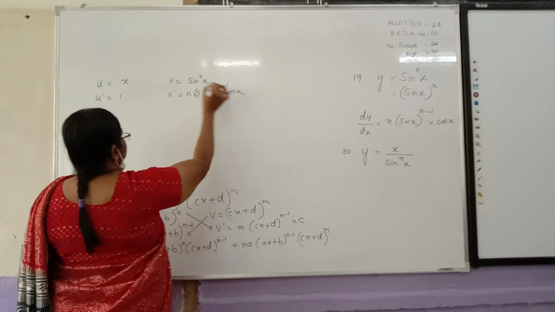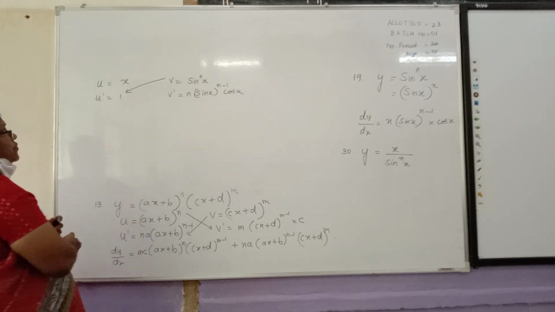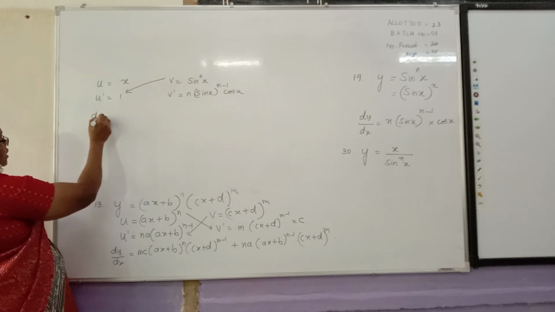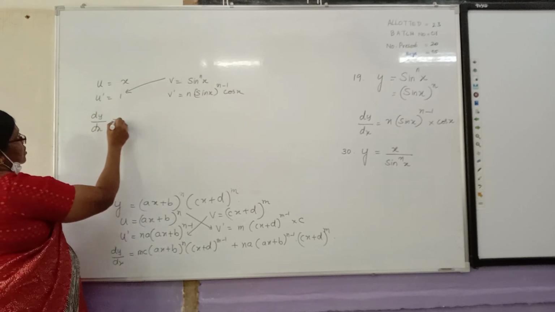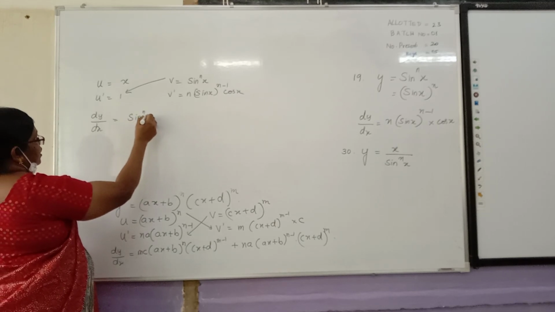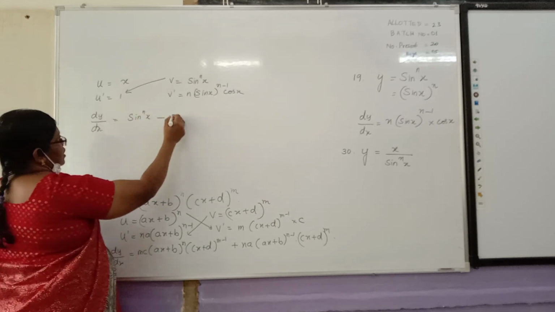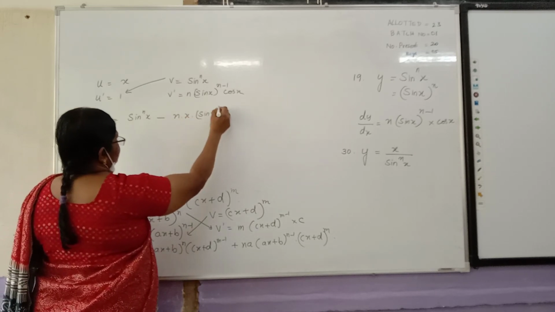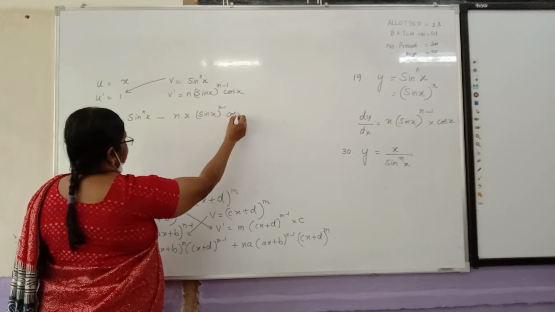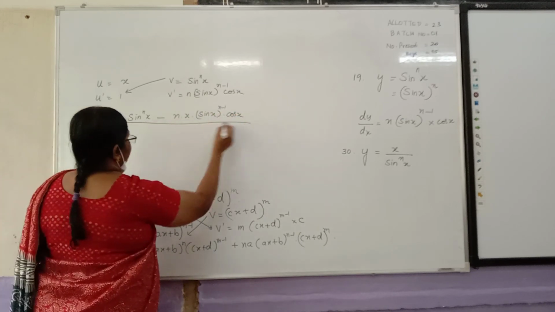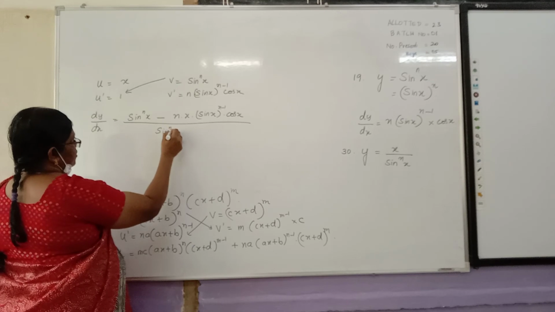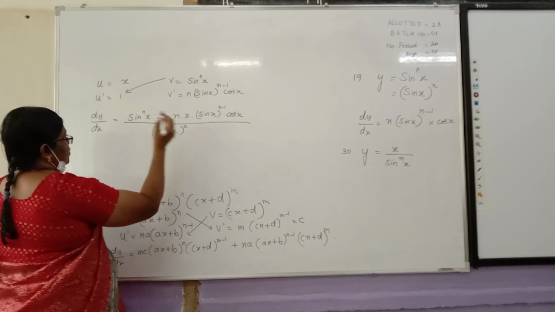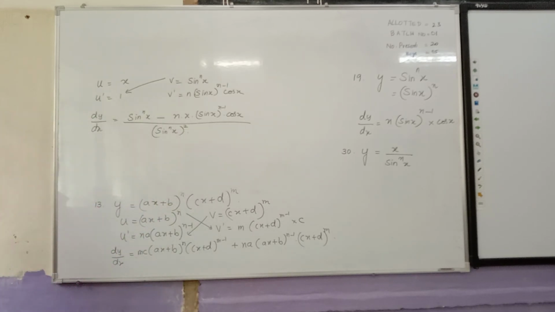Since it is the quotient rule, you have to start from here. So dy by dx is sin nx minus n into x into (sin x) power n minus 1 cos x, divided by (sin nx) the whole square. If you want the book answer, you have to simplify. Otherwise, since we have differentiated, we leave it like that.